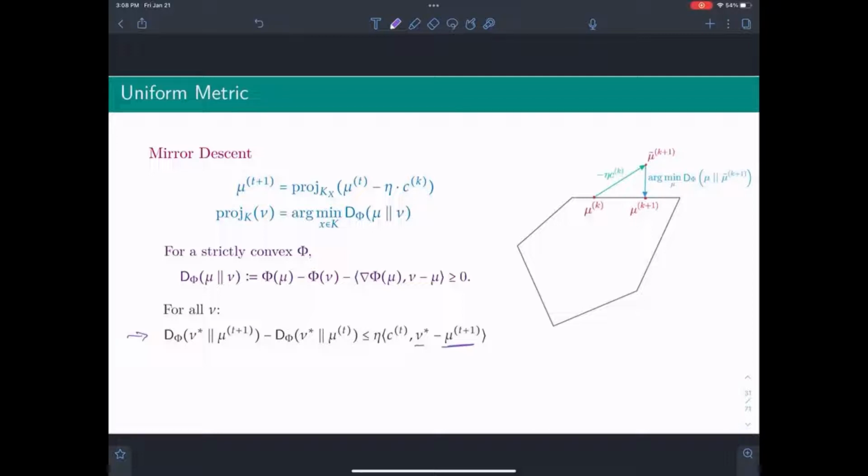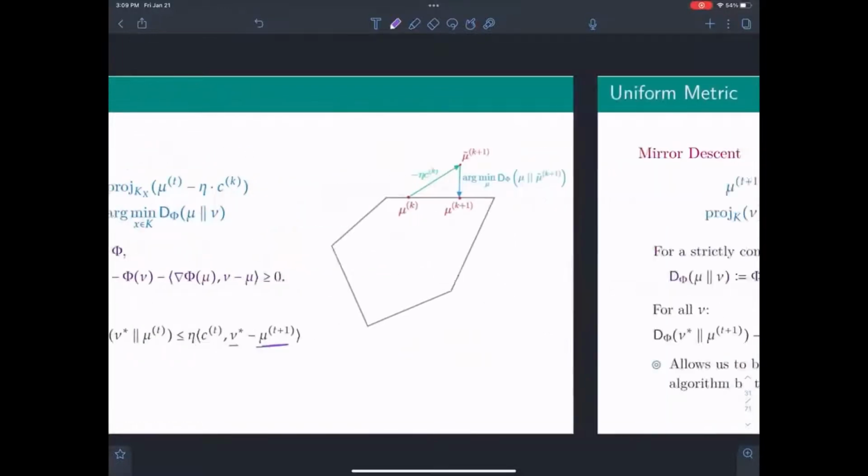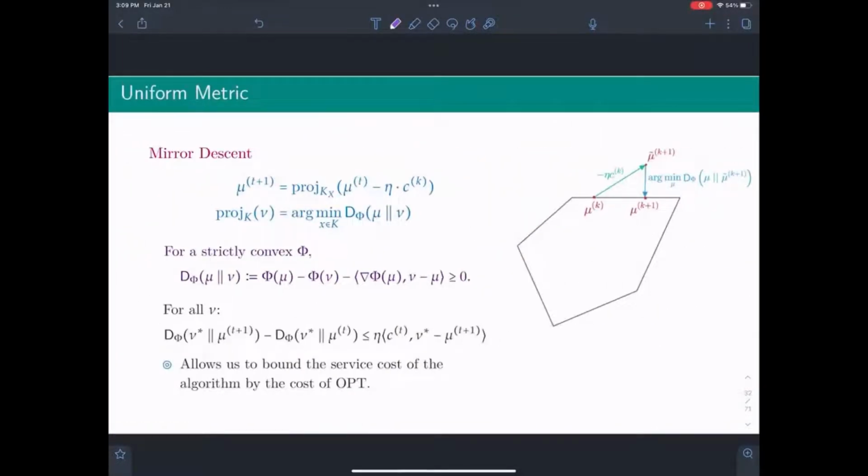So the algorithm cannot pay more service cost than opt forever. And under some mild Lipschitzness conditions, this would allow us to bound the service cost of the algorithm by the total cost that the optimal algorithm is paying.